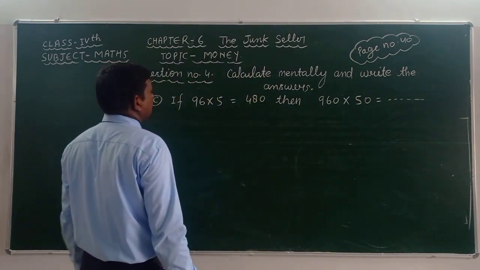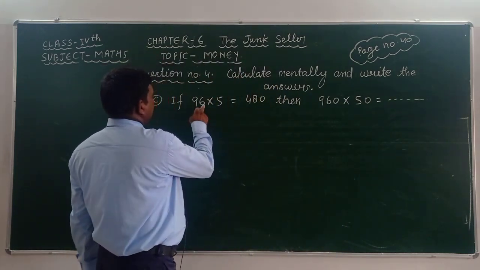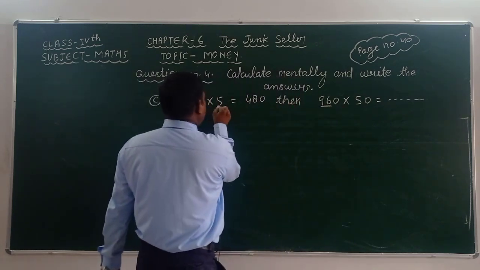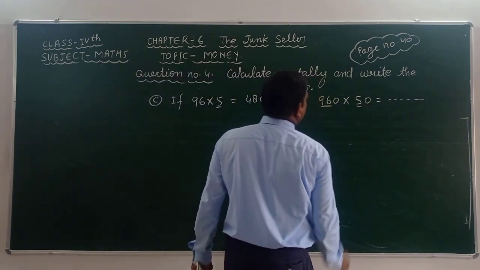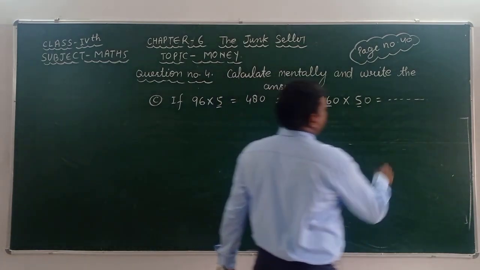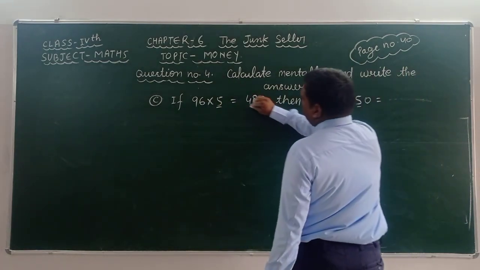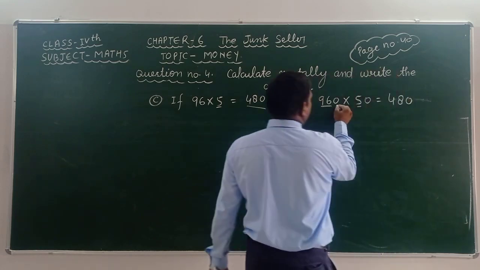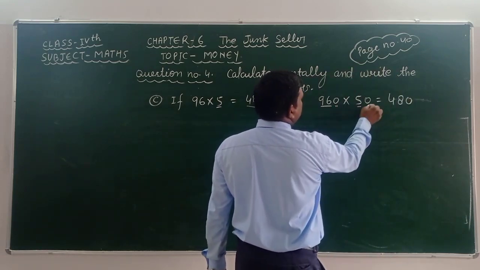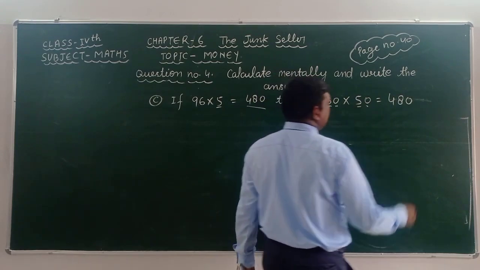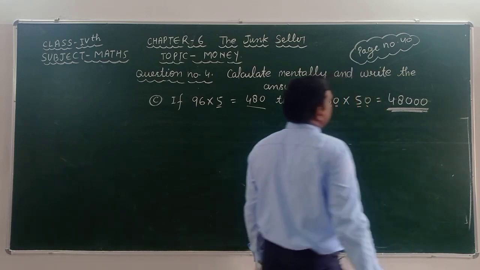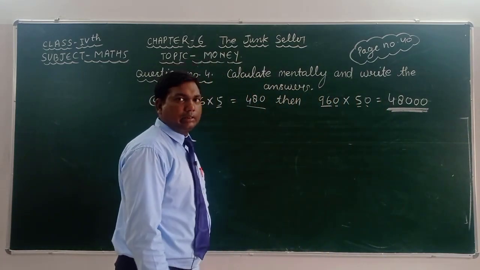Look, here given 96 and 96, here given 5 and 5. Therefore, firstly we write 480. Here given 10 and 20, therefore we can take 20 as same, then the answer is 48,000.